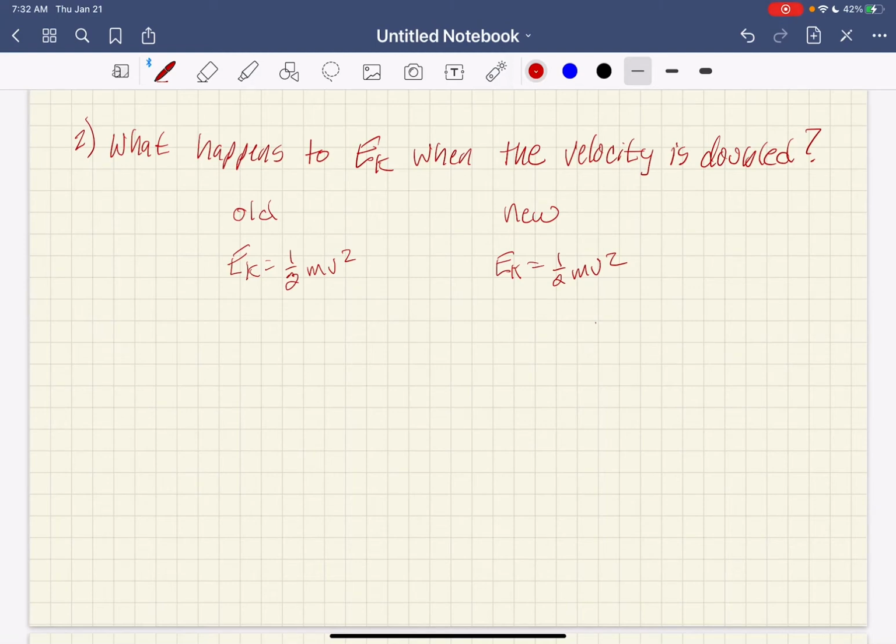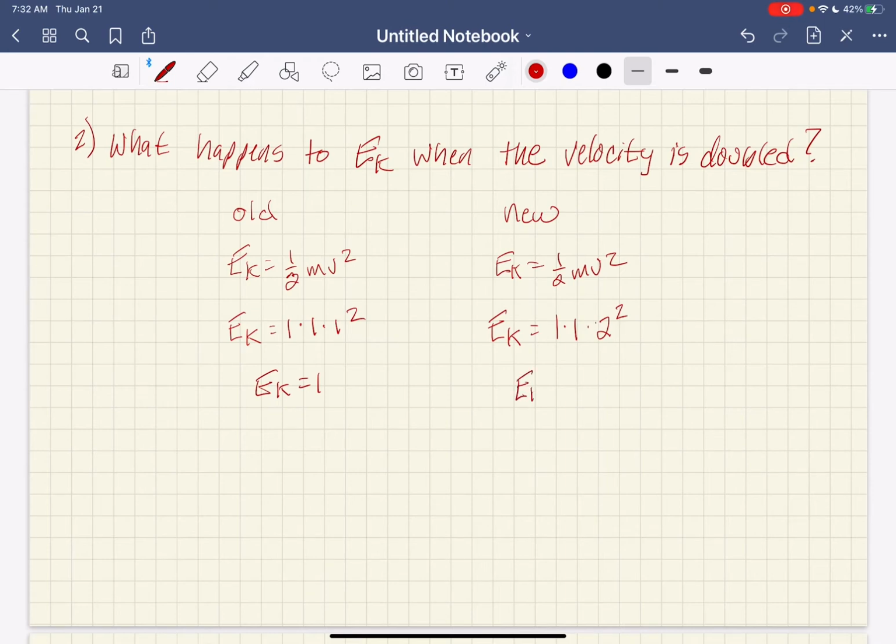All right, so again, my original state for my kinetic energy is always going to be 1. I'm going to put 1 in for everything. So my kinetic energy is 1. What if I doubled my velocity? Well, this is my new kinetic energy when I double my velocity. The 1/2 stays the same, the mass stays the same, but now I double my velocity.